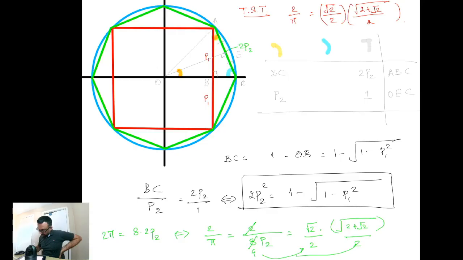So that gives you the second approximation. Let's check if this is what we were after. If you see all the way on the top, this is exactly the starting point of where we wanted to head. We wanted to get 2 by pi to be the product of the first two terms. So that's where we are.